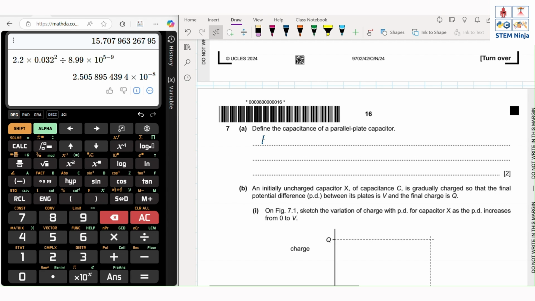It is the ratio of, so we know that C is equal to Q over V. So charge on one plate to potential difference between the two plates.